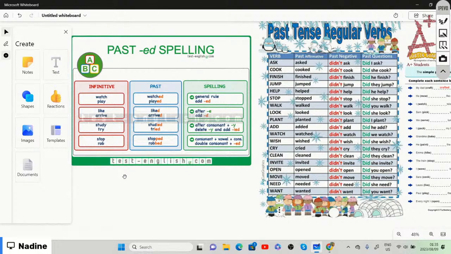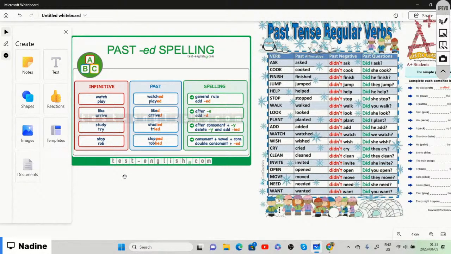And the same with play. We have play and then we have played. So in both of these we added an ed. And the general rule is to just add an ed, with watch and with play.